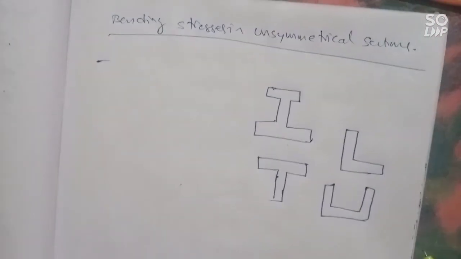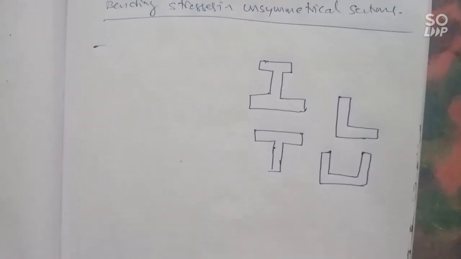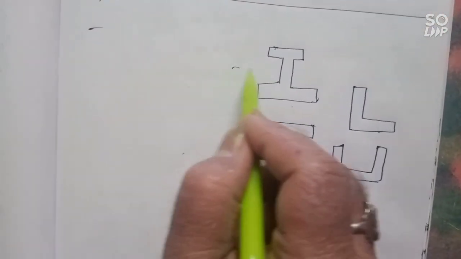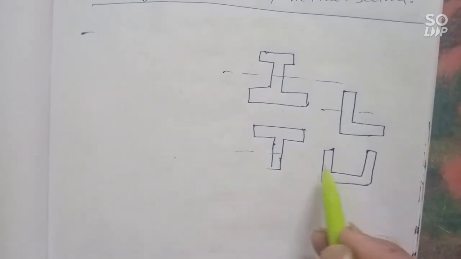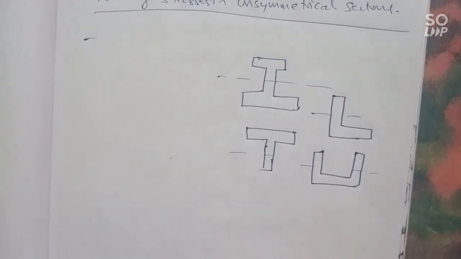If the structures are like this, then it is somewhat difficult to find where the neutral axis is. These types of sections are called unsymmetrical sections.